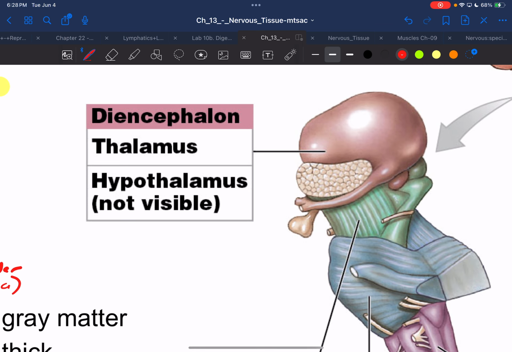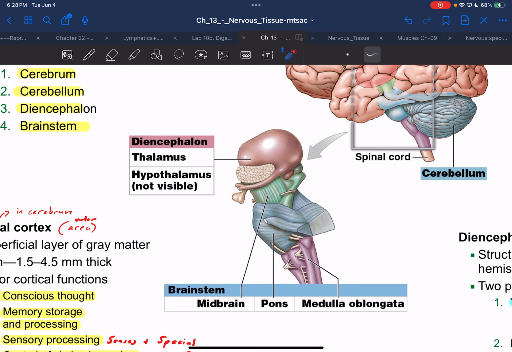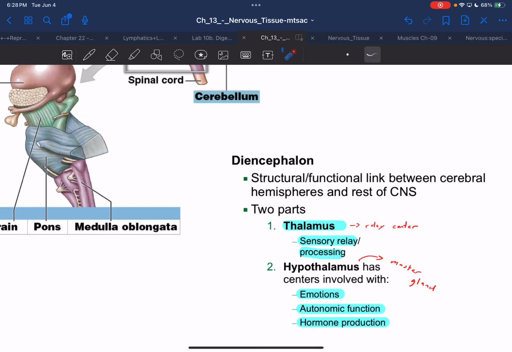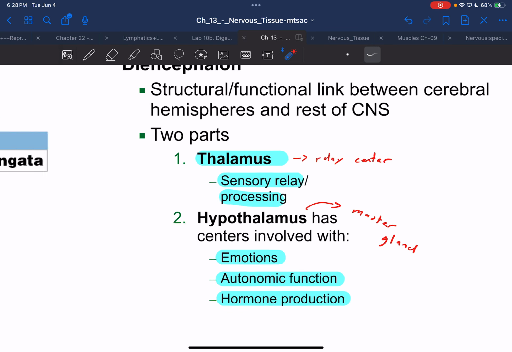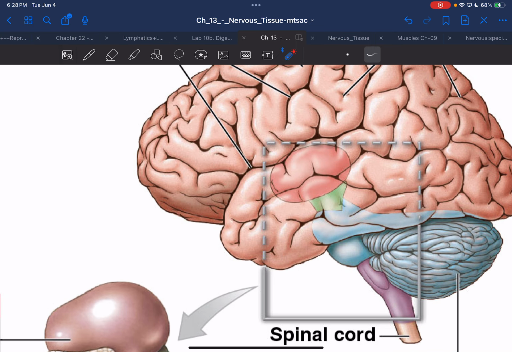And now this diencephalon. This diencephalon contains two structures that matter for our class, thalamus and hypothalamus. The thalamus serves as a sensory relay. That means that when you see things, the first place they go to is your thalamus. You hear things, those signals go to your thalamus first.